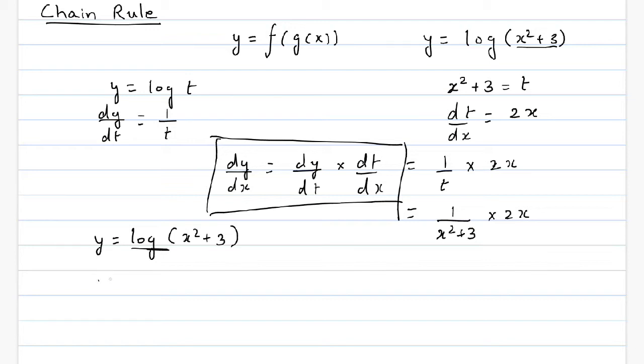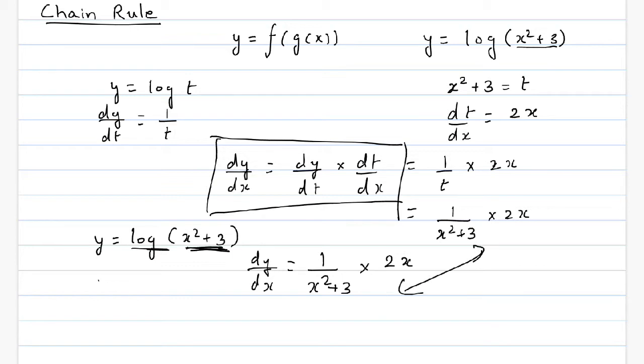So my dy by dx should be equal to first differentiation of log, assuming this particular part is t, so 1 by x square plus 3, and then finally differentiating this t part, that becomes 2x. So we get the same answer.